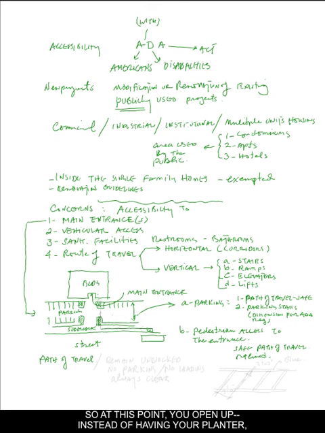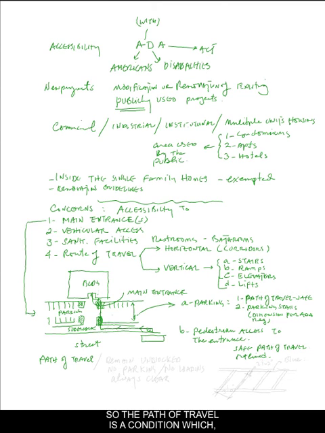So at this point you open up, instead of having a planter, you create a path that this person, without changing level or a minor change level, which I'm going to explain shortly, can come in through here. Through here, again, you open up the path and get to the sidewalk next to the building, and then that way he can get into the main building.